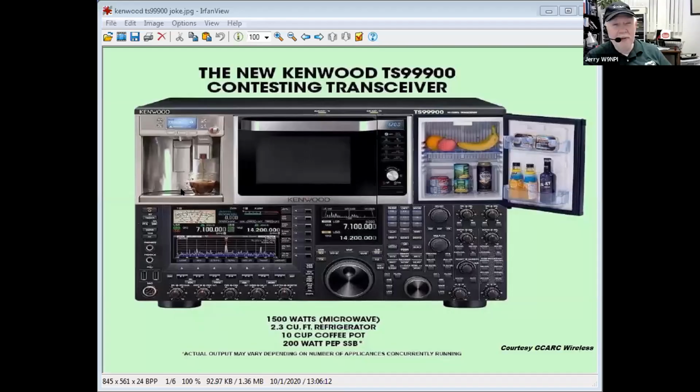Okay. This is the new Kenwood TS99900 contesting transceiver. If you're in a 24-hour contest, you want to stay in your chair. So why not have a refrigerator, microwave, and coffee maker built in?